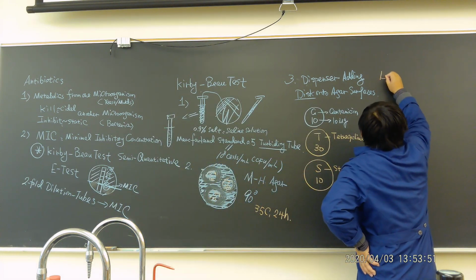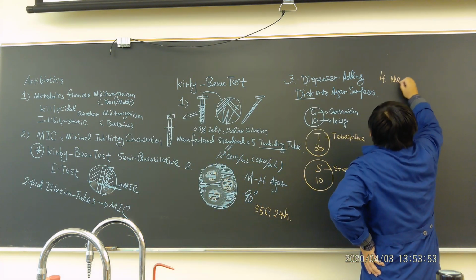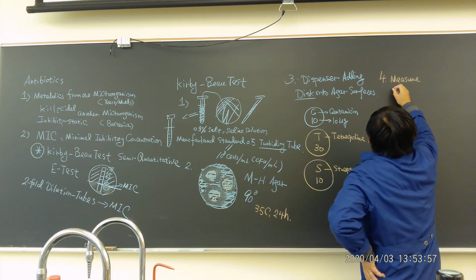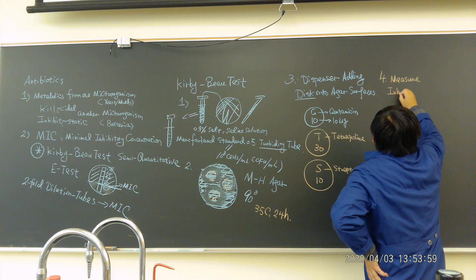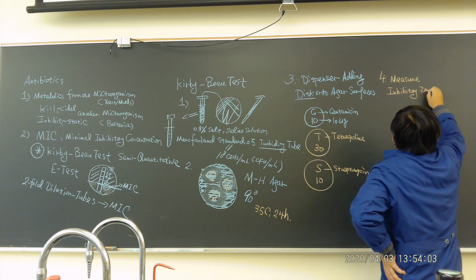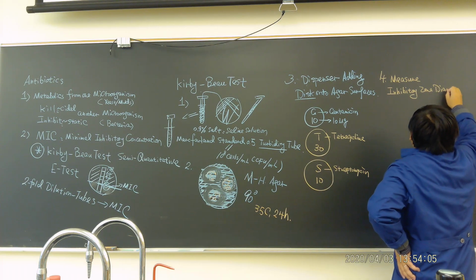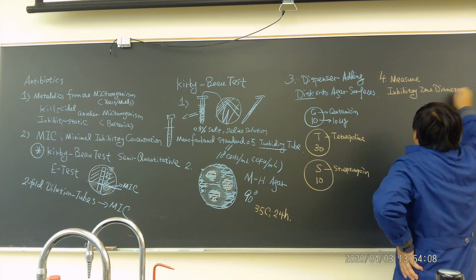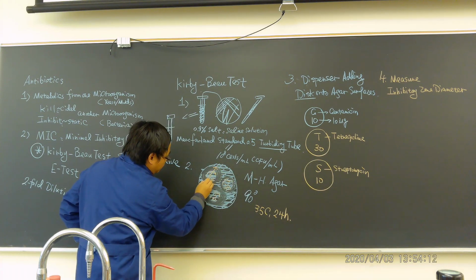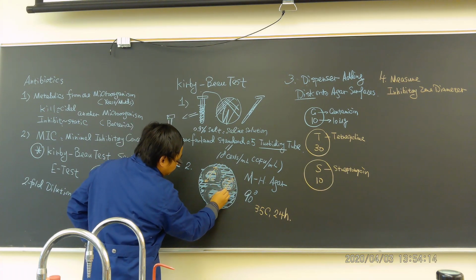The first step is you're going to measure the so-called inhibitory zone, the diameter. So you're going to measure right here. Use a ruler to measure the diameter.